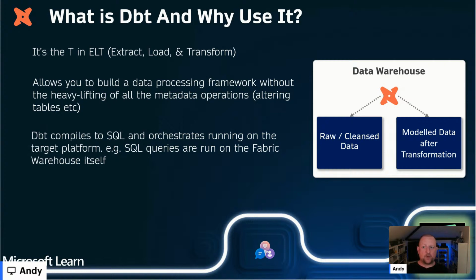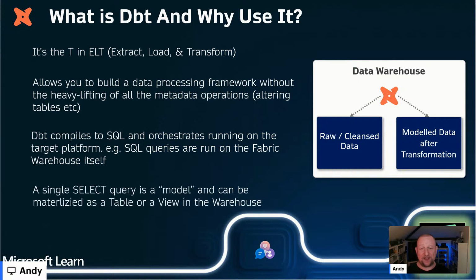So, for example, if you're using Databricks, Snowflake, SQL Server, Fabric Warehouses, DBT is running the code required for those services to work on the service itself. So DBT is not running any of the SQL or any of the code on its own compute. It's running it on your platform. So the SQL that DBT generates to run on Fabric Warehousing is being run on the Fabric Warehouse compute.